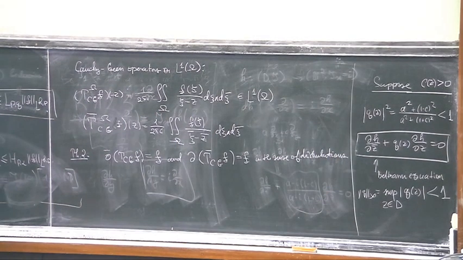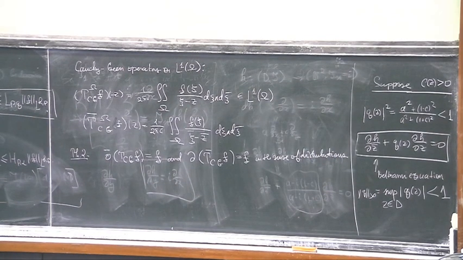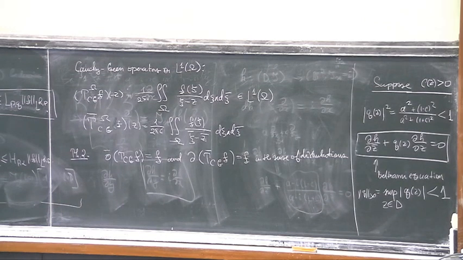So what is the proof? You prove this for smooth functions with compact support, and this gives you the statement for distributions.